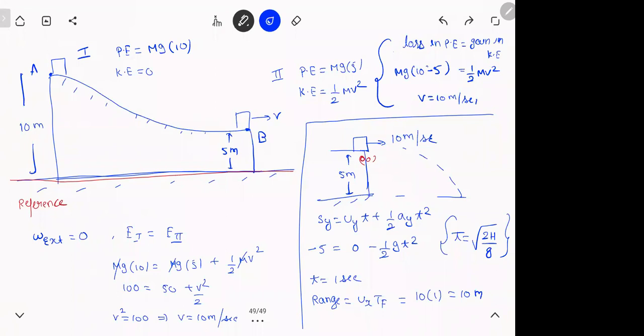Loss in potential energy is gain in kinetic energy. You lost 5 meters of height, that is mg5 is half mv square. Single step, you get the velocity.